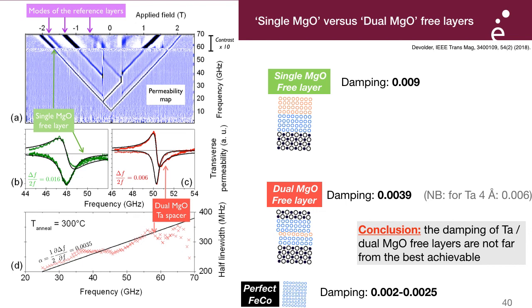And so if you deduce the damping parameter, you can see that in this dual MgO free layer, even after the annealing, the damping is below 4 times 10 to the minus 3, which now is not that bad compared to perfect iron cobalt single crystals. So what you've seen is that by going from single MgO to dual MgO, we've reduced the number of heavy metal contaminants or potential contaminants, and this reduces the damping substantially to a very good level.